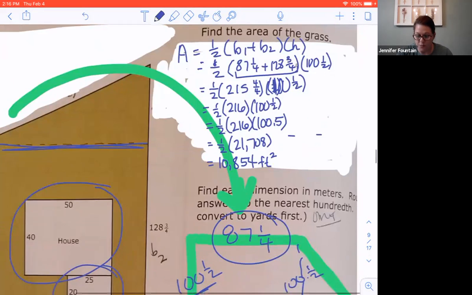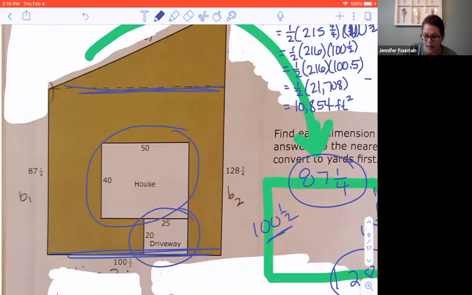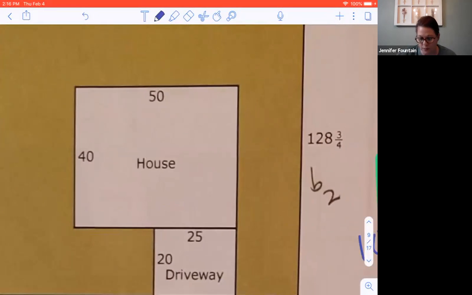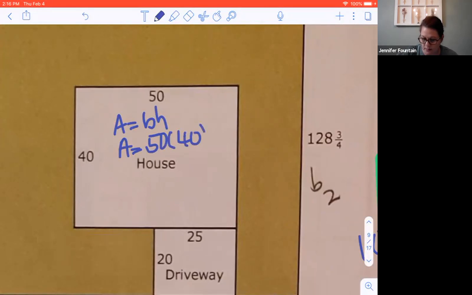Okay. So now I've got to find the area of my house. So let's go ahead and look at that. The area of my house, area equals base times height. So area equals 50 times 40. 5 times 4 is 20, and add my zeros.